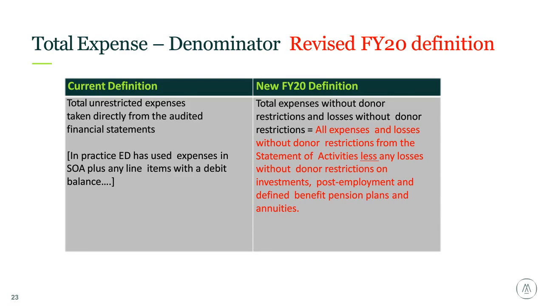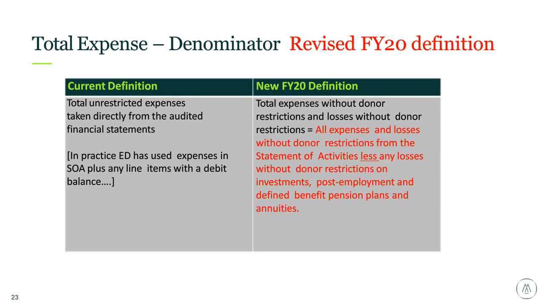The next line item is the total expense, which is the denominator. The update here is that for all expenses and losses without donor restrictions, you take out any net losses from investments or any expenses related to post-employment or defined pension plans or annuities.